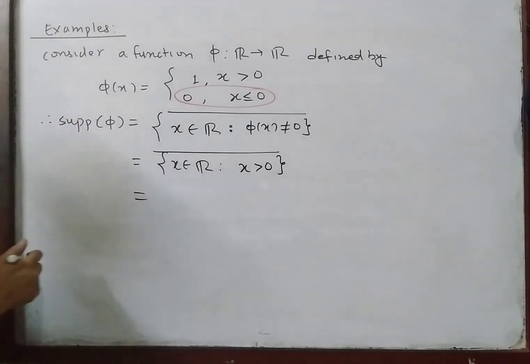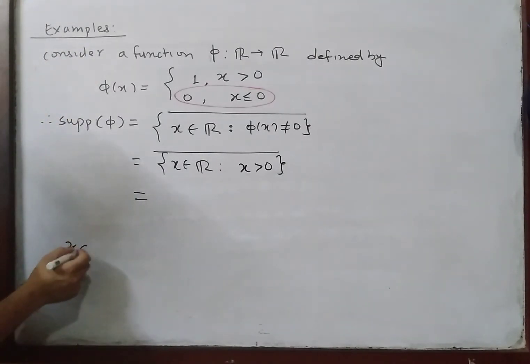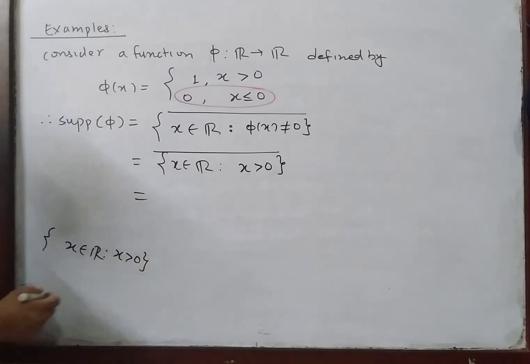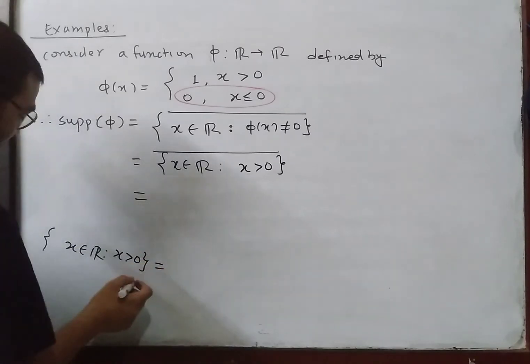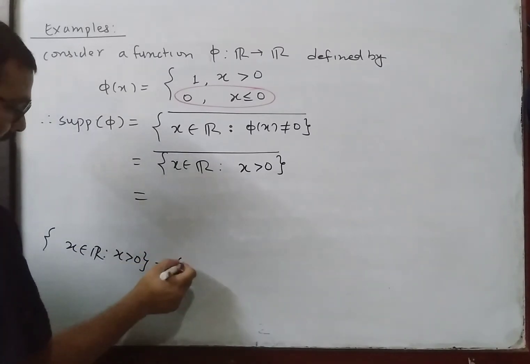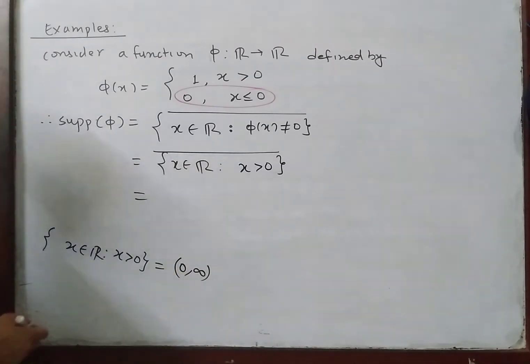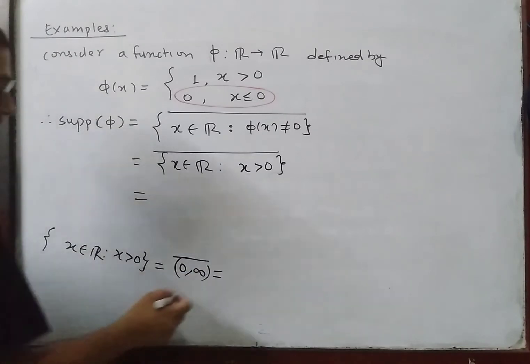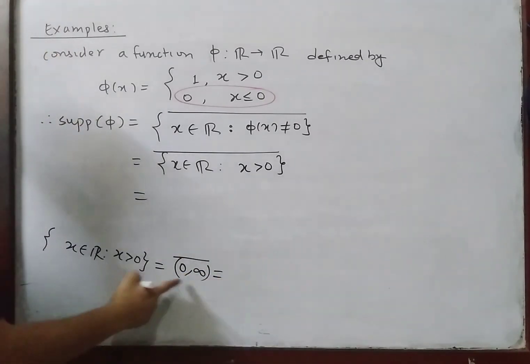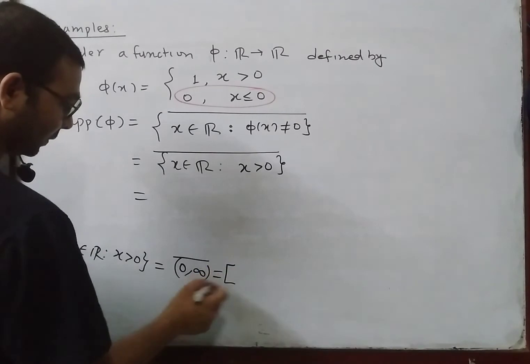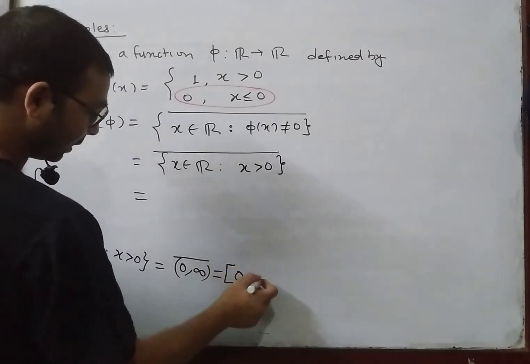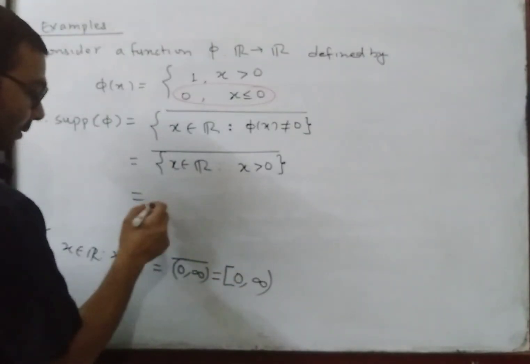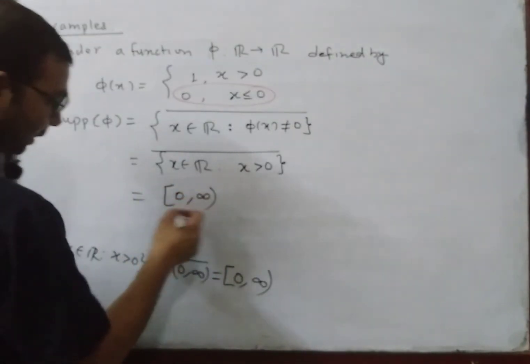This set means we take values greater than 0 to infinity, but we have closure also, and the closure of (0, infinity) is, we should include 0 also, so it gives [0, infinity).